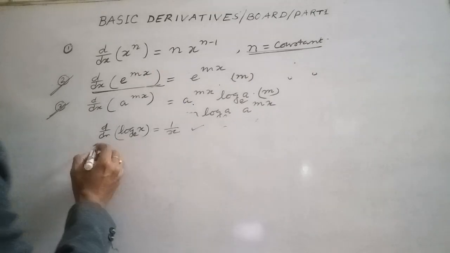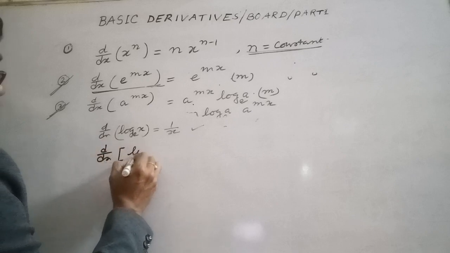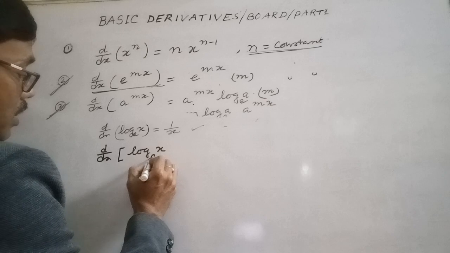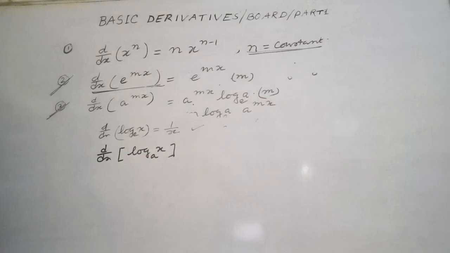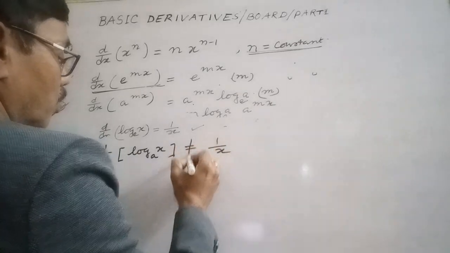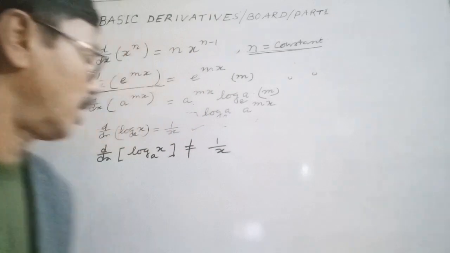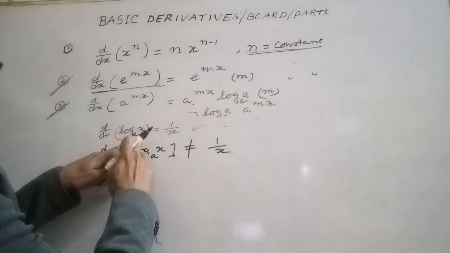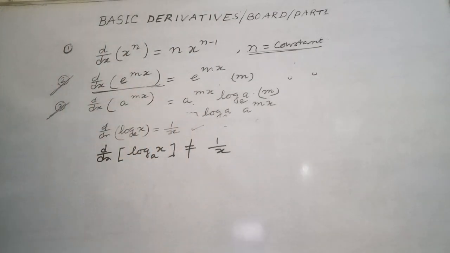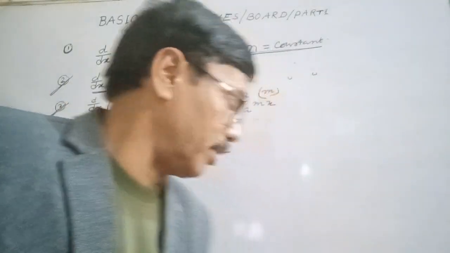But if we find d/dx of log x with base a, then this one is not 1 by x, because if the base is e, then it is 1 by x. So this step is to be noted.